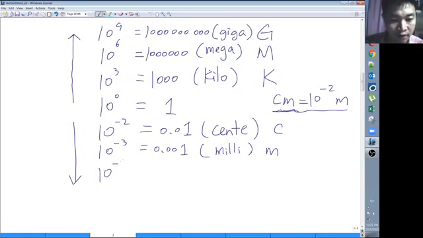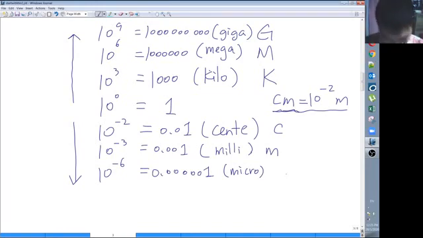It's 10 to the power negative 6, and you're going to use micro to represent it. The next one is 10 to the power negative 9. I'm not going to write down the decimal number, but I'm going to write down the English word for it. It's called nano.